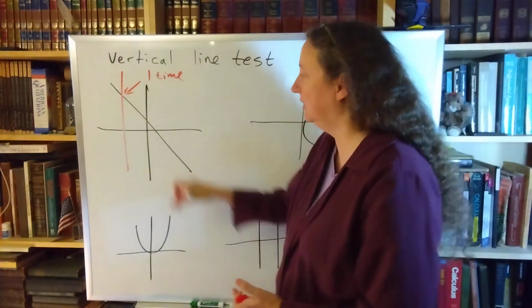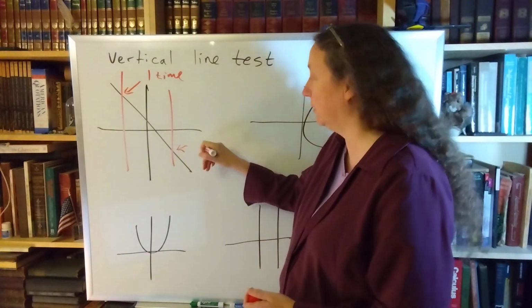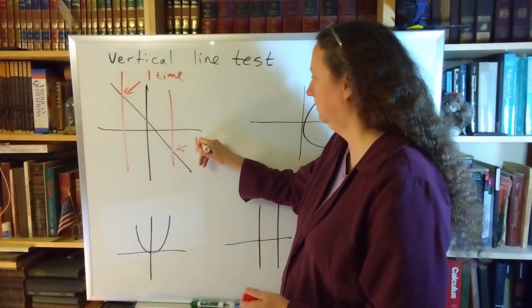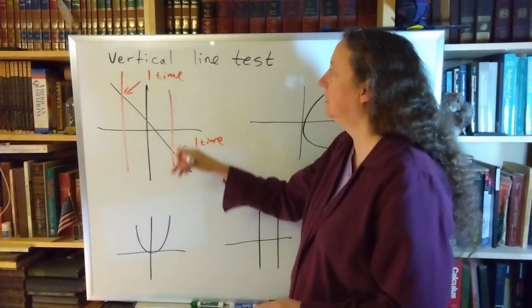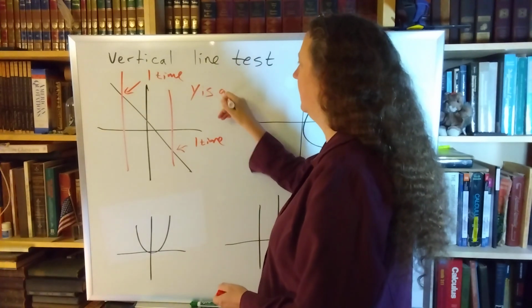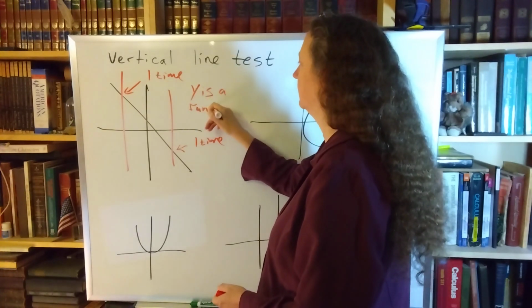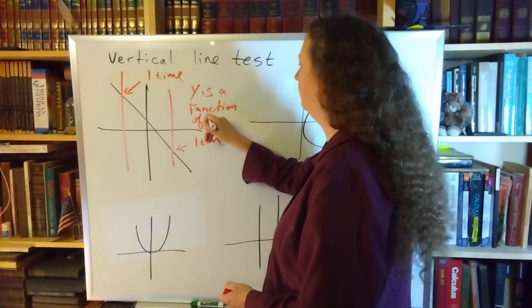And then you look to see, is there anywhere else that I can make it cross more than one time? For this one, no, there's not. So here we have y is a function of x.